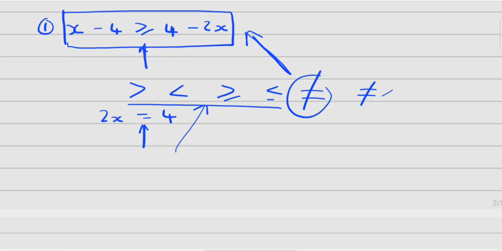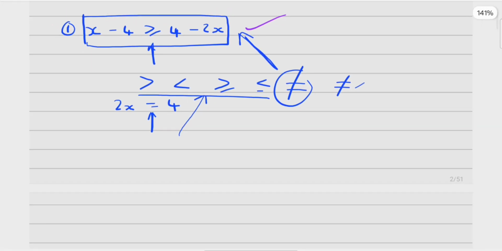So when faced with a question like this, we just go ahead and group like terms, right? If you haven't done that already. So we take the minus 2x to the other side, so it will be x plus 2x, and that will be 3x, right? Then the minus 4 to the other side, so it will be 3x, like this, then 4 plus that 4.